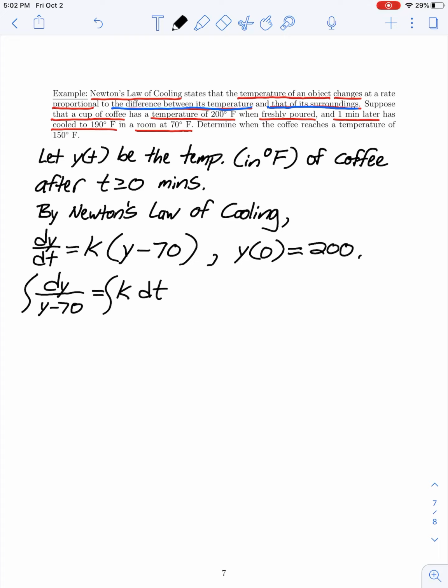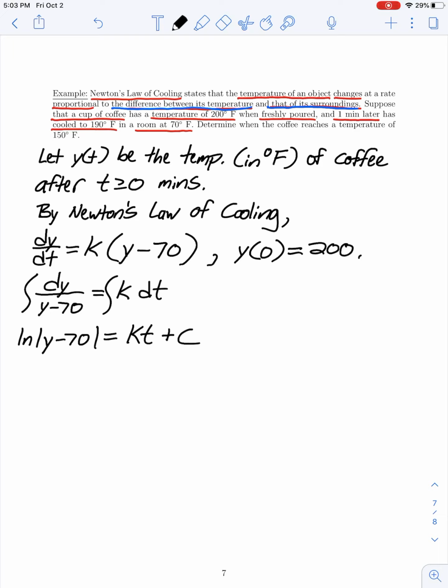Now my antiderivative on the left-hand side will be the natural log of absolute value y minus 70. And that will be equal to the antiderivative of a constant k with respect to t, which would be k times t. And then I can add an arbitrary constant of integration c.